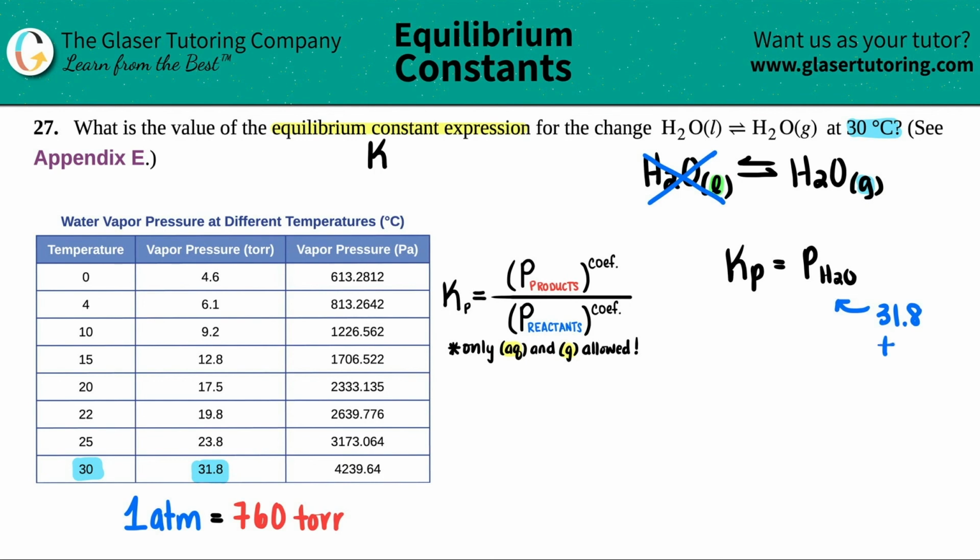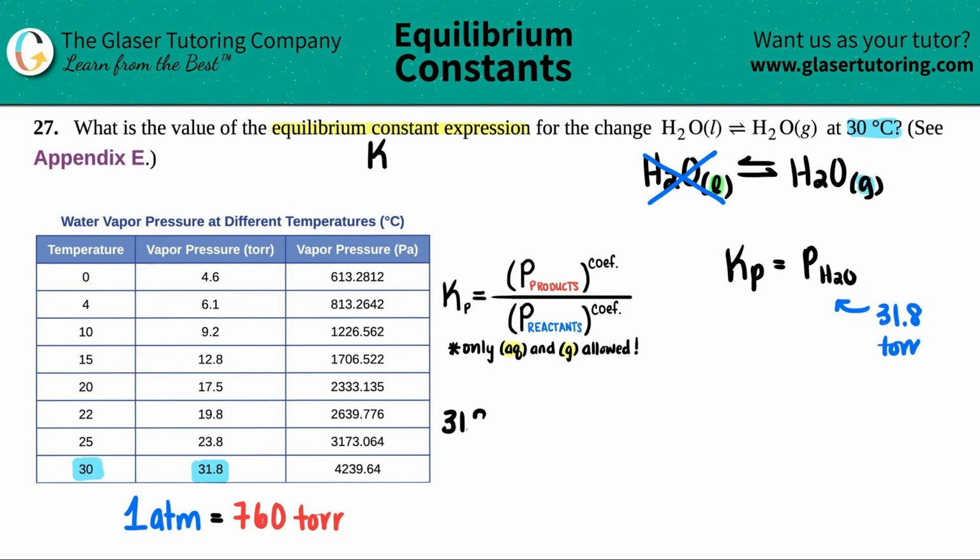Okay, but there is a rule here. If you're talking about Kp values, it can't be in torr. It has to be in atm. So I wrote down the conversion factor between atm and torr. 1 atm equals 760 torr. So in order to make this work, I just have to convert the 31.8 torr, right?